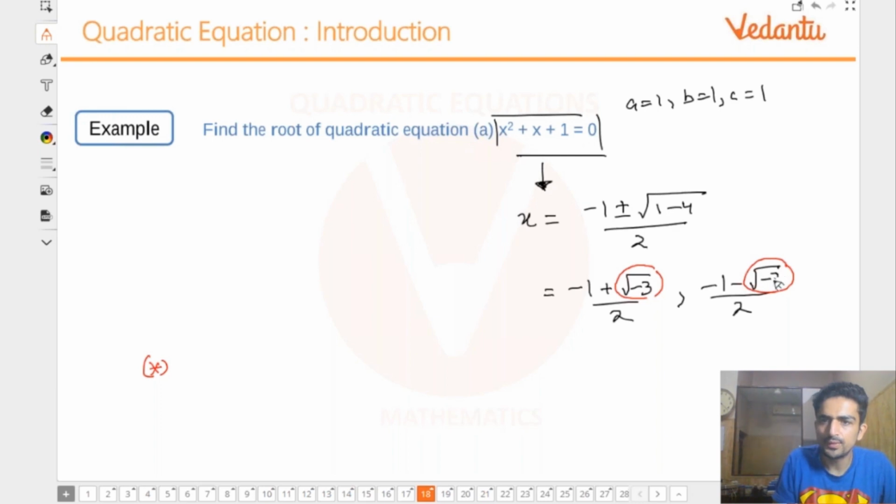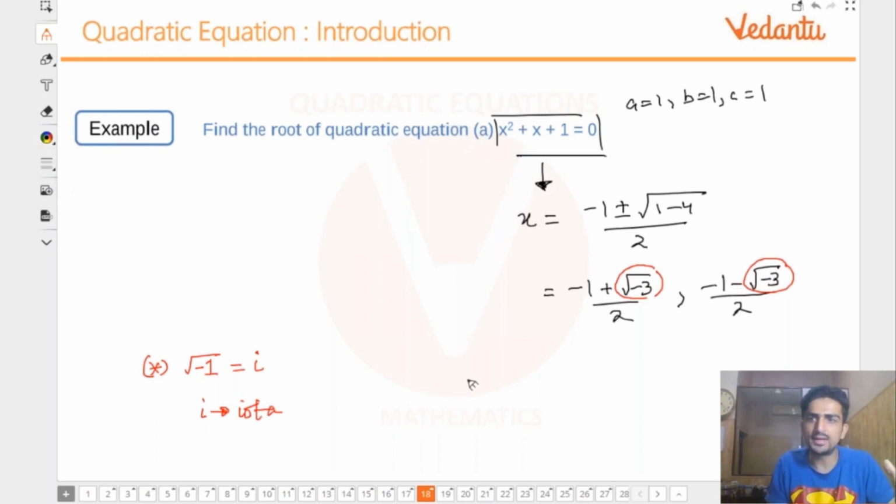I am just introducing one term here: the root of -1 is denoted as iota. Certainly it is a non-real number. We will soon study this term in detail.